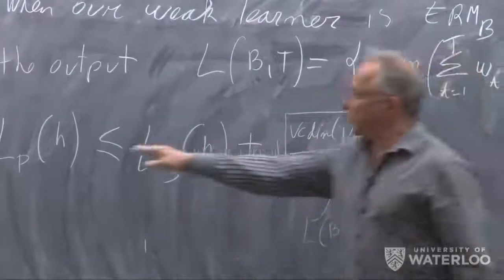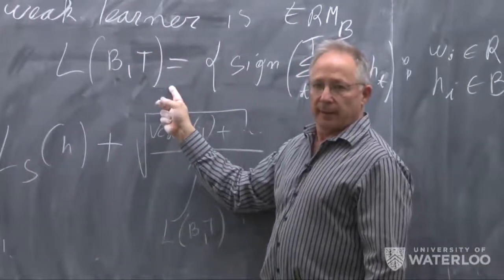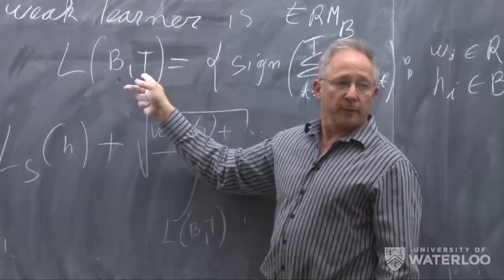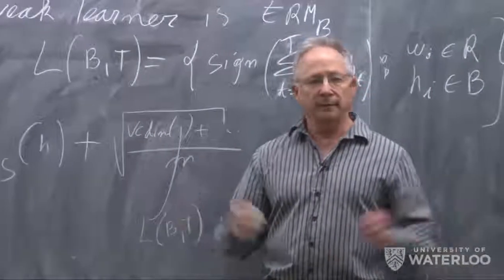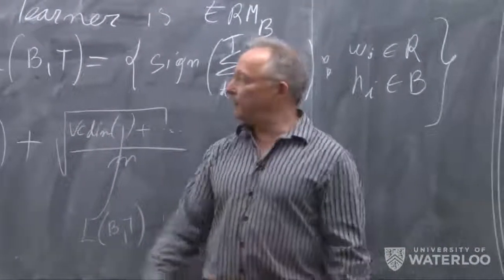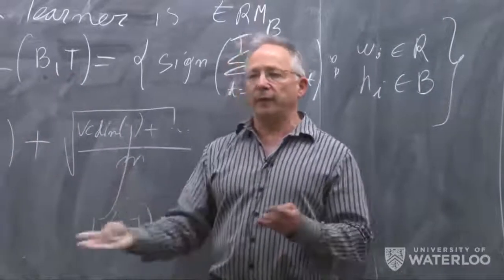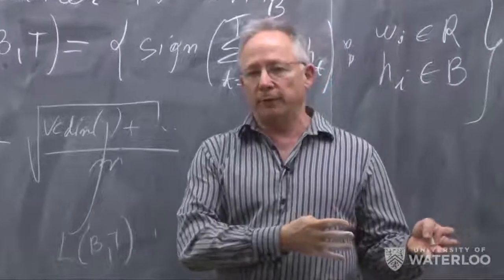But our true error also depends on the VC dimension of this class. And the VC dimension of this class will grow with the number of iterations, because as we have more iterations, we get a richer class. So what we will do next time is analyze this VC dimension and get a formula that gives us some trade-off that tells us how many iterations we would like to go for.